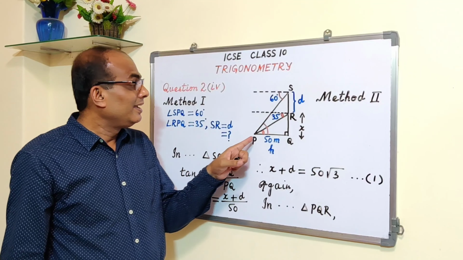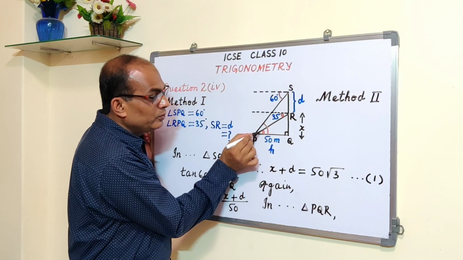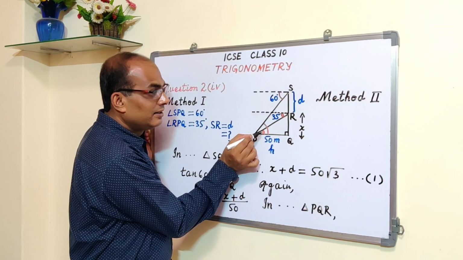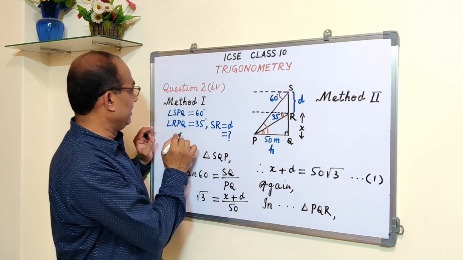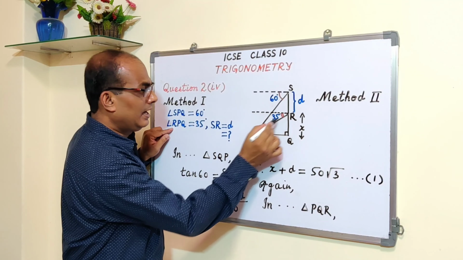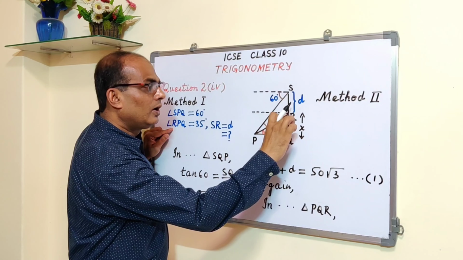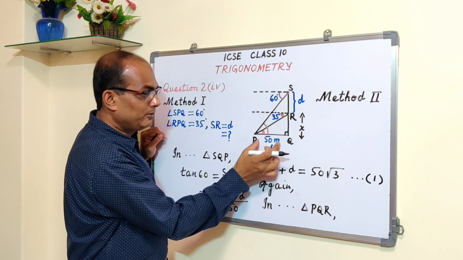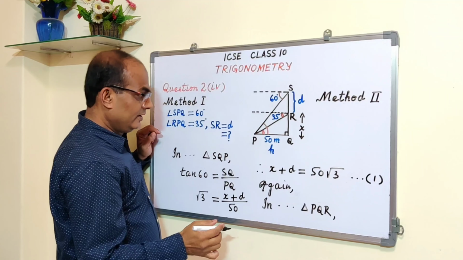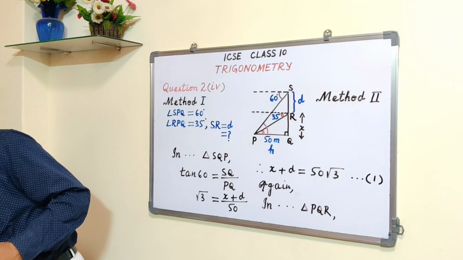Again tan theta. So the tan of this angle, RPQ, the angle with the two red arcs, is equal to QR upon PQ, perpendicular upon base. Can I rub this? Yes, I can rub this now.